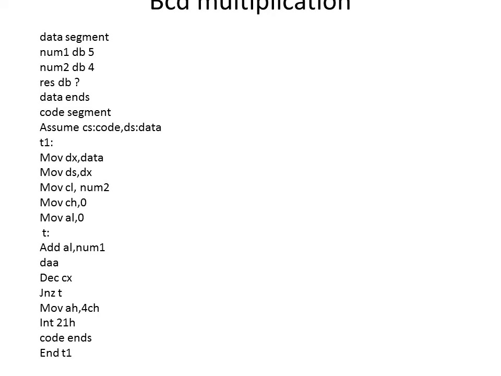Actually the result will be 0F, but 0F will be converted into BCD form, that is 15. This is how we can perform all the operations, and at the last we'll get 20h. The result of the multiplication is 20h.